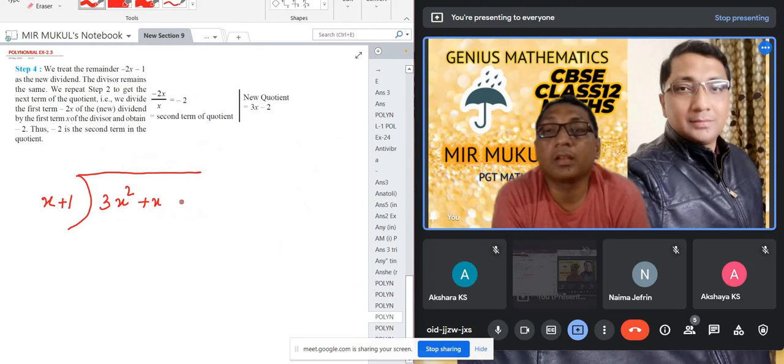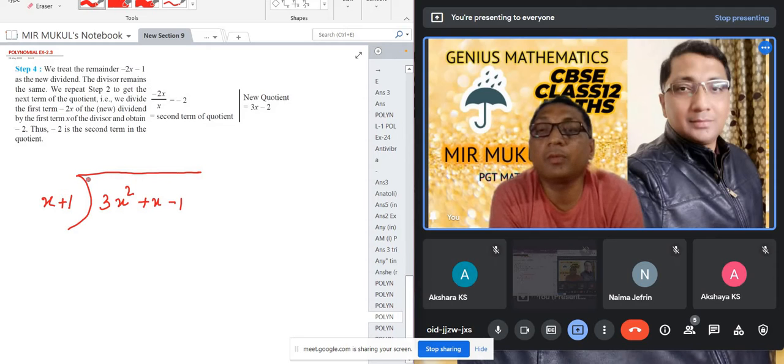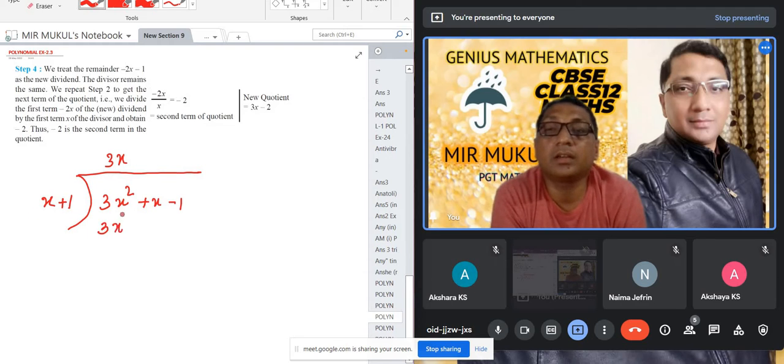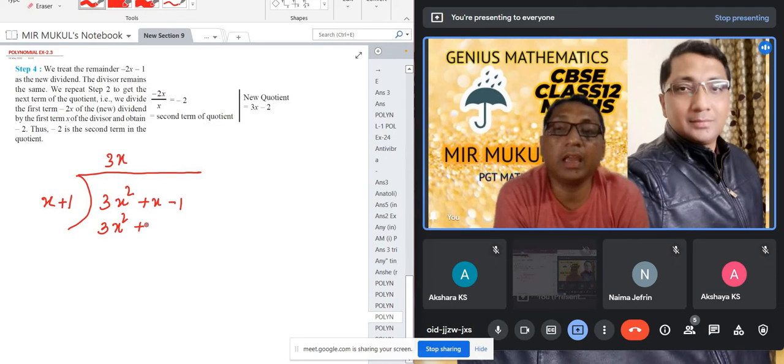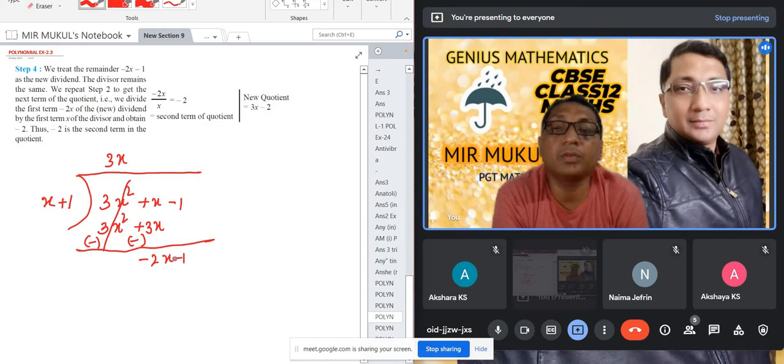First we got 3x. Now 3x into x is 3x squared, and 3x into 1 is 3x. Now you will subtract, so here minus sign and here also minus sign. This will be cancelled. So minus 2x minus 1 we got.